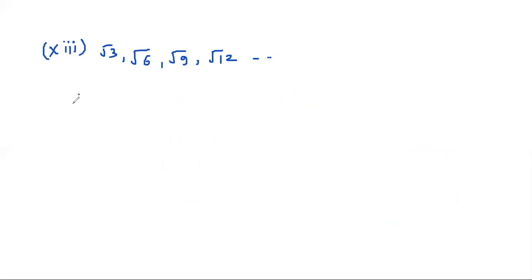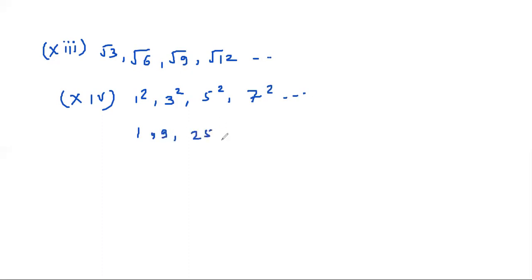Next, 1 square, 3 square, 5 square, 7 square, etc. 1, 9, 25, 49, etc. Here common difference is not constant, so it is not an AP.